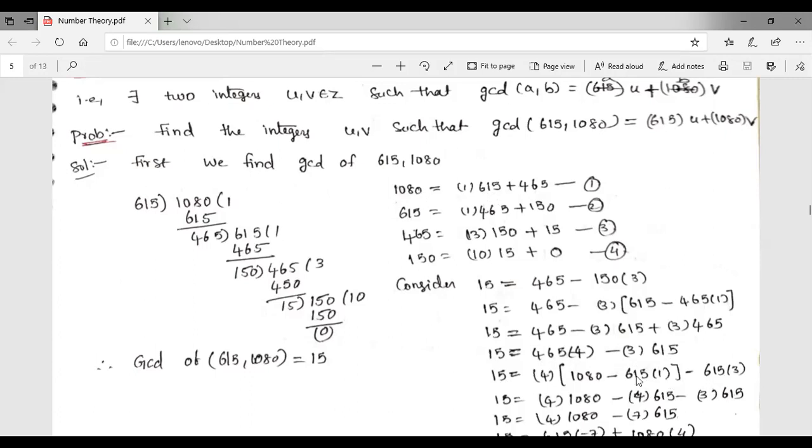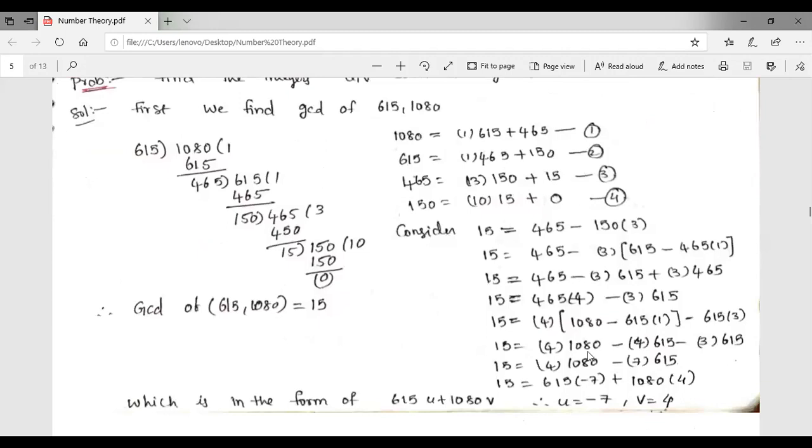So 15 is equal to 4 into 1080 minus 4 into 615 minus 3 into 615, total minus 7 into 615. So 15 is equal to 615 into minus 7 plus 1080 into 4, which is in the form 615u plus 1080v. So here u is equal to minus 7 and v is equal to 4.